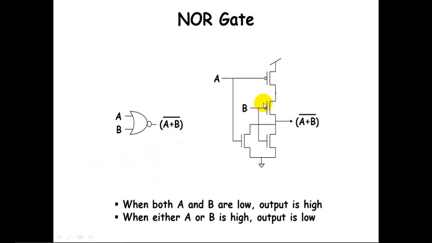Now let's see how this works. Suppose we are providing both inputs as high, 1 and 1. Then what output do we get? This is our VDD.